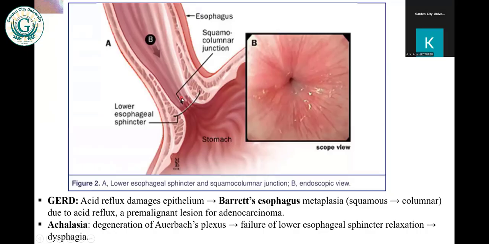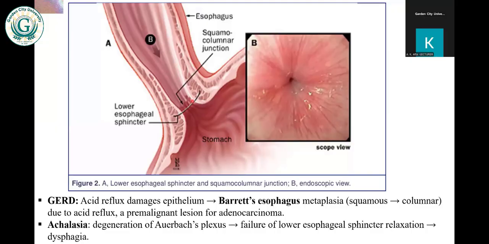Then I went further to explain that if this reflux is not neutralized, then it definitely will cause damage. So what happens is that the epithelial lining of the lower part of the esophagus will change to columnar epithelium.